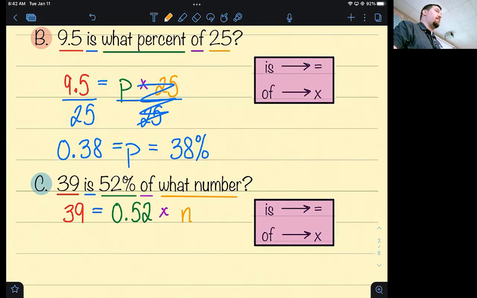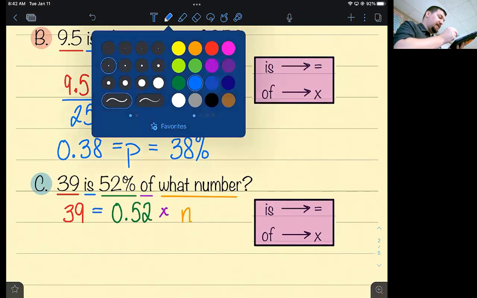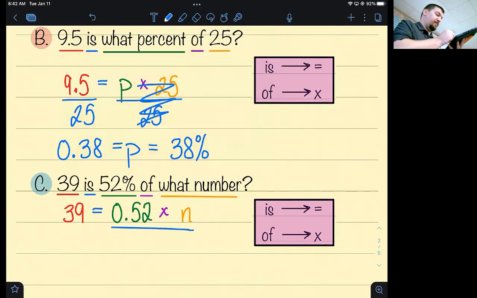The variable is not by itself. So what would we have to do to both sides to get N by itself? Divide by 0.52, exactly. Divide both sides by whatever is being multiplied to the N. So divide by 0.52. That's going to go away.